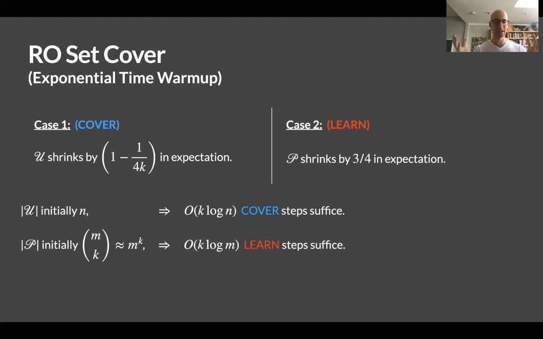If the size of P goes down to 0, or down to 1, whatever, we've identified the optimal solution, and we're also done. So if either of these goes below 1, we're finished. And so after K log N plus K log M steps, we must have done either K log N cover steps or K log M learn steps, which means that K log MN steps suffice until this process terminates.